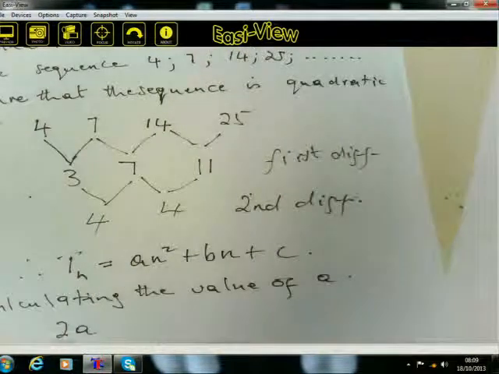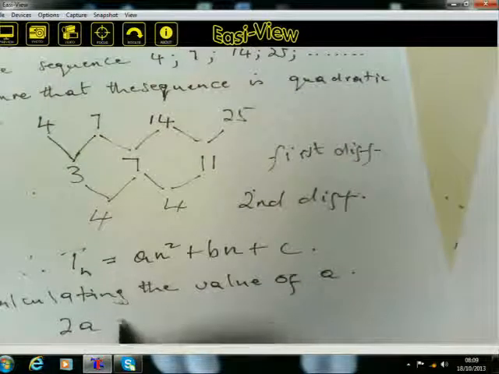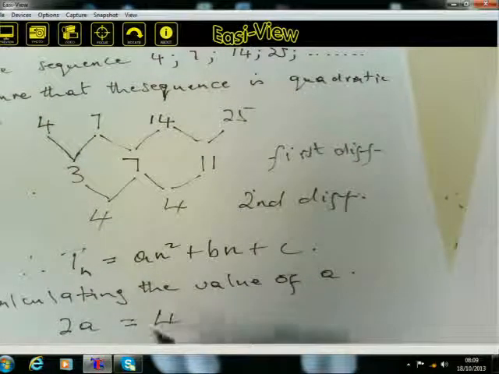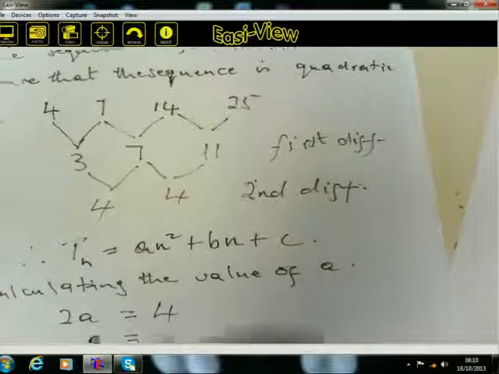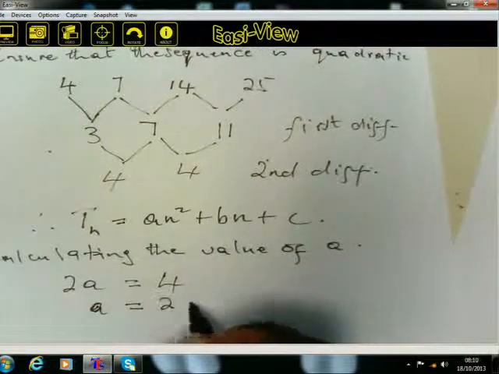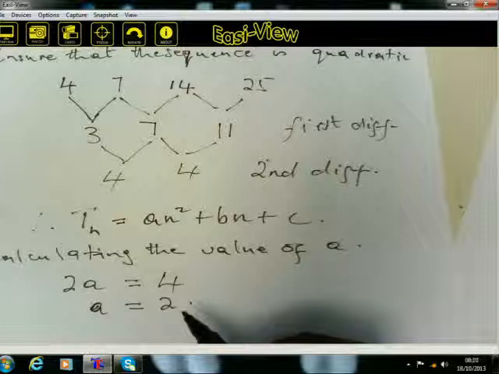In other words, 2a is going to be equal to 4, because a is the first term. So when we multiply 2 by a, we must get the constant difference. And then surely a is going to be equal to 2. a is equal to 2.